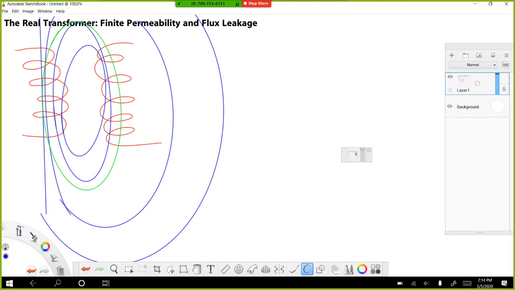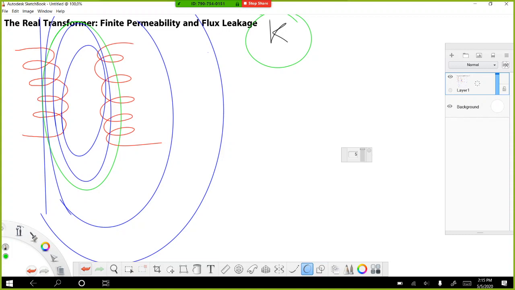We suppose that this fraction is k. Because of that, the mutual inductances also change by this fraction, by fraction k.